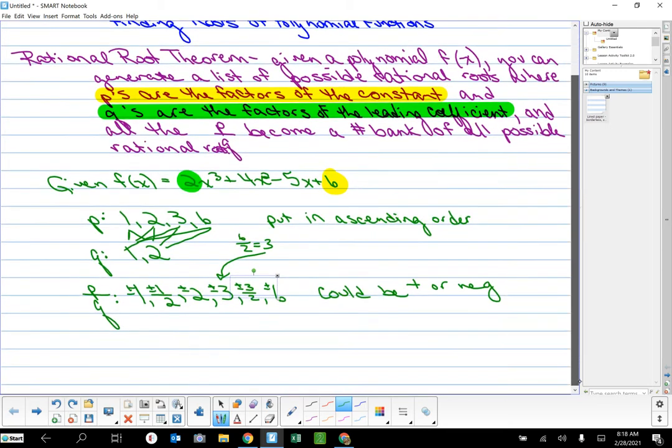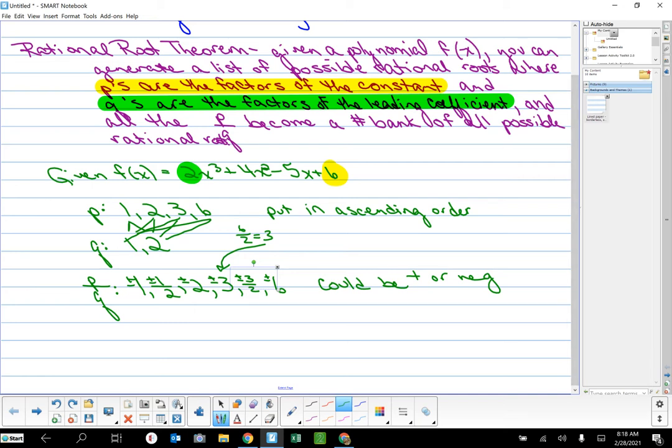If you were doing these for me on paper, that's what that list would look like. In Varsity, it will look like this. They will already have it say possible zeros, then colon equals plus or minus parenthesis.